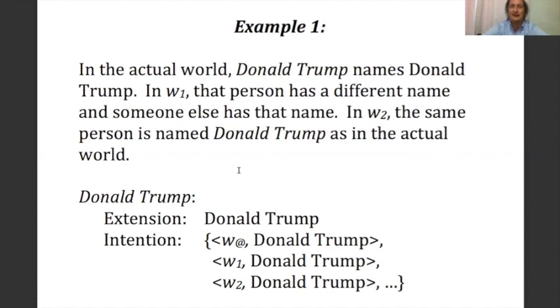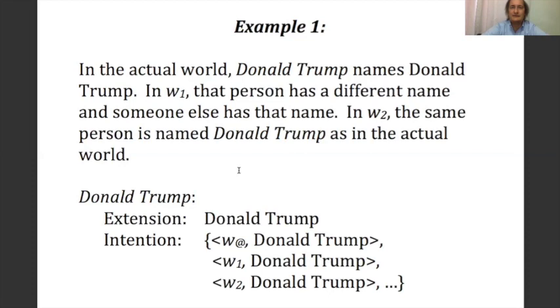We're trying to figure out how the language we're actually speaking works. And in that language, the name picks out the individual Donald Trump, always. So we keep that connection, if you will, whenever we're trying to look at the expression of a name.